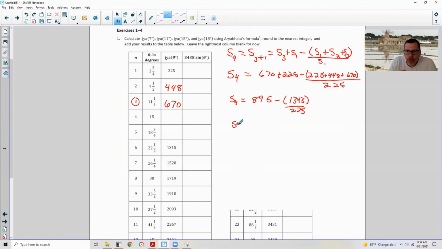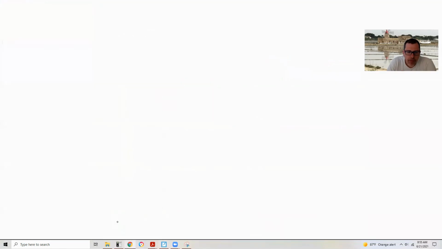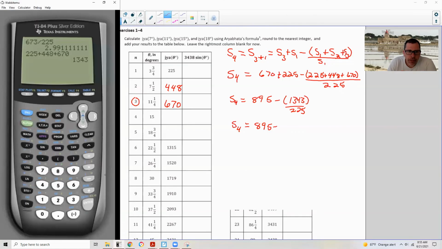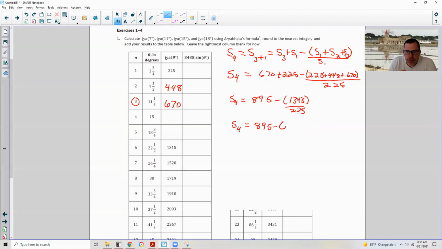So S sub 4 is going to equal 895 minus, let me do this, I hit that by mistake. So 1,343 divided by 225 is 5.96, which is about 6. So I'll just write 6.